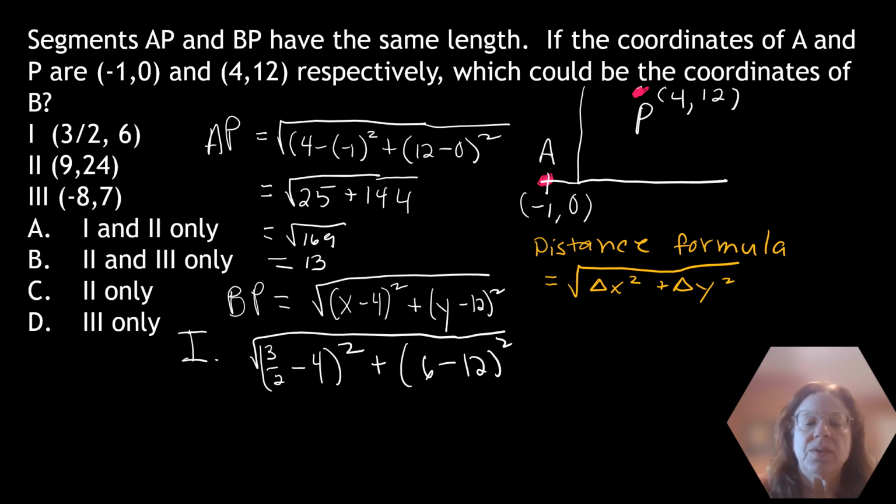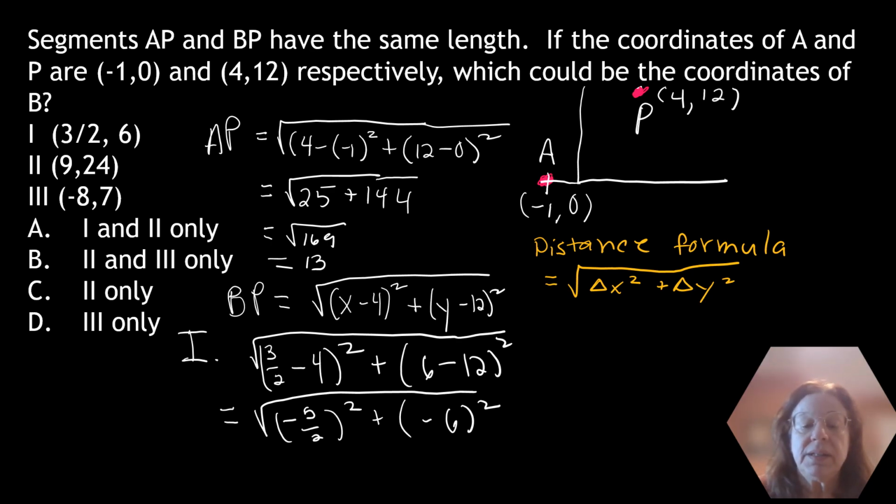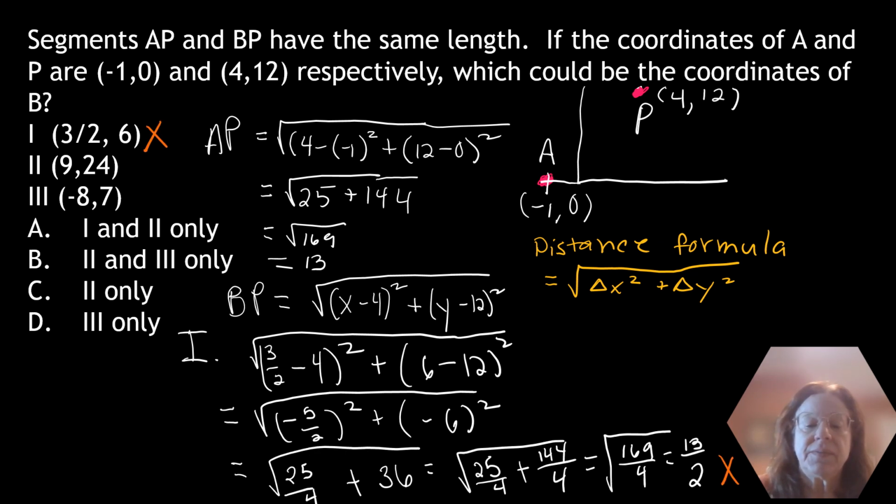Okay, so we have 3/2 minus 4 quantity squared plus 6 minus 12 quantity squared. 3/2 minus 4 is -5/2, because 4 is 8/2, and 6 minus 12 is -6.